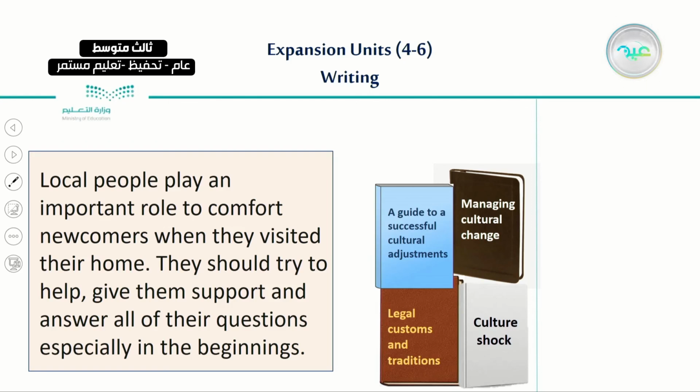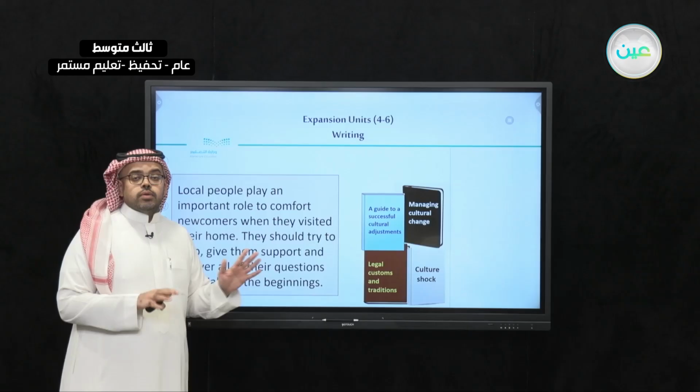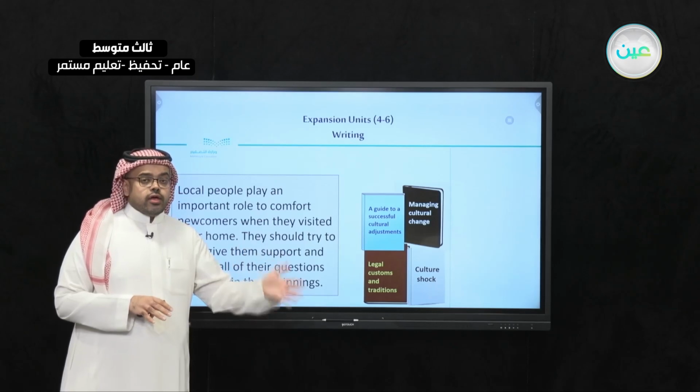The beginning is a very critical time to give them support and answer all of their questions. I think this is an important role that local people should play when they host newcomers.